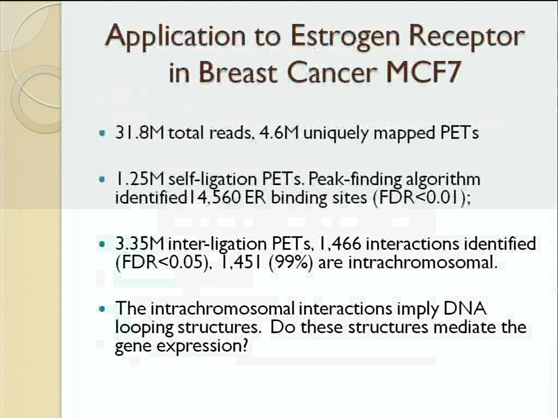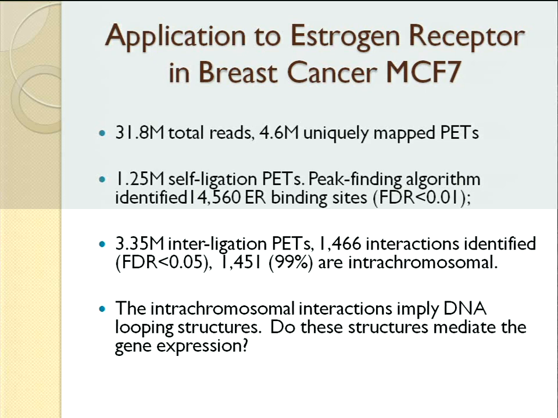So next, I will briefly introduce an application of ChIA-PET. We generated more than 30 million reads, among them 4.6 million non-redundant reads that are unique matches to the genome.